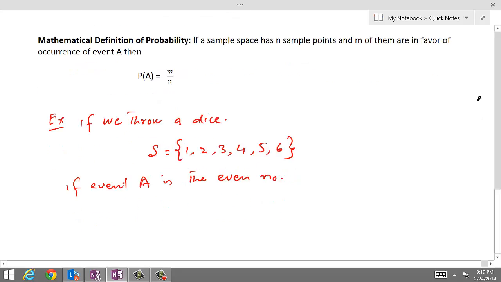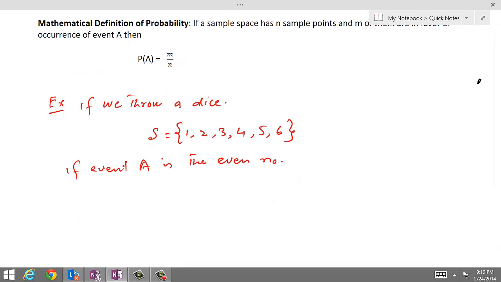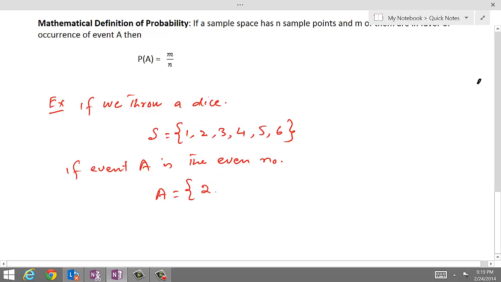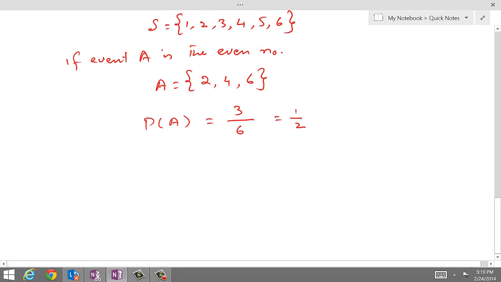Then which sample points are in favor of A? The outcomes in favor of A are if the dice shows 2 or 4 or 6. These are the even numbers. Therefore, the probability of A would be equal to 3, the number of favorable outcomes, divided by the total number of outcomes, which is 6, and the probability would be equal to 1 over 2.